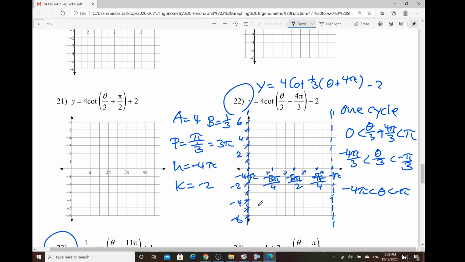So without the vertical translation, the original cotangent is like a reflected cubic curve. So at this position it's supposed to be 4 units up, right up here. And then this one is 0. And then down the bottom here, that'll be negative 4.